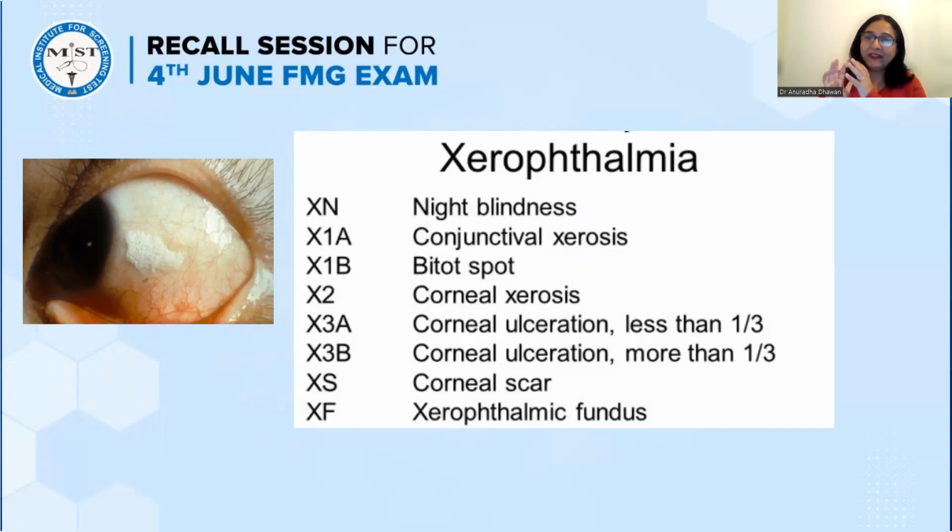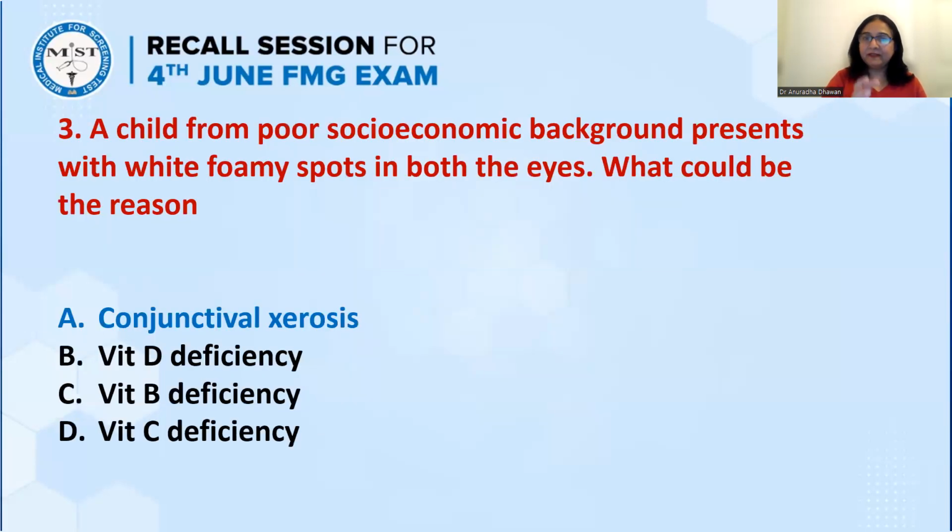So if there are Bitot spots, there is already conjunctival xerosis. So the reason is vitamin A deficiency, and the choice which had to be marked was conjunctival xerosis. Again, a good question and often asked in a different way.